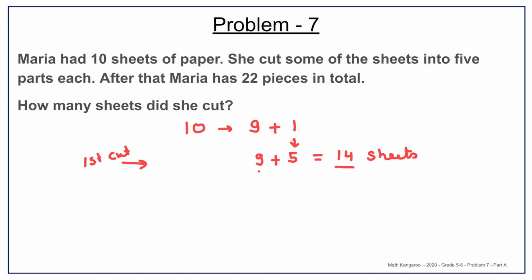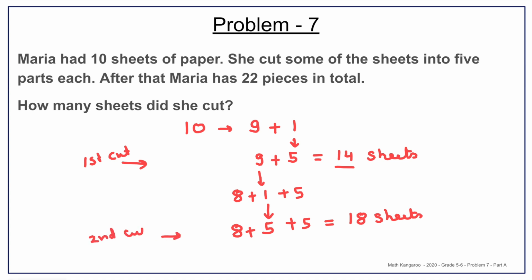So she takes 1 from here, that is 8 plus 1, and then cuts it into 5 pieces. So that would carry 5 here and 5 because we already have 5 sheets, and the remaining sheets are 8. In total, how many sheets does she have now? 18 sheets. And this is the second cut.